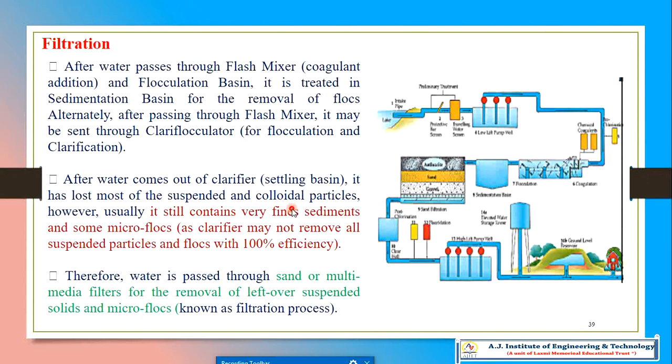For particles not able to settle, we added coagulant so that they make a floc and settle at the bottom of the tank due to increased density, weight or size. Still, the water usually contains very fine sediment and some micro flocs, as the clarifier may not remove all suspended particles and flocs with 100% efficiency.